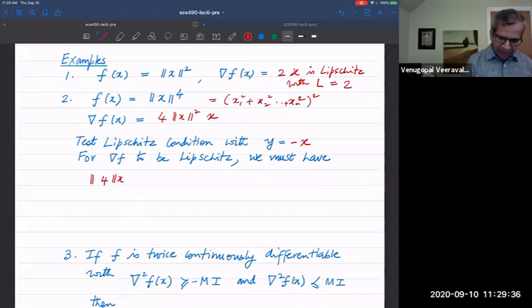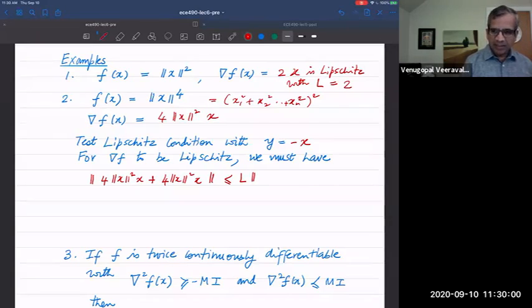If I look at the gradient at x minus the gradient at y, where y is minus x, you get a plus. If it was Lipschitz, this should be less than L times norm of x minus y, which is x minus minus x, which is 2x, for all x belonging to Rn. This must hold.